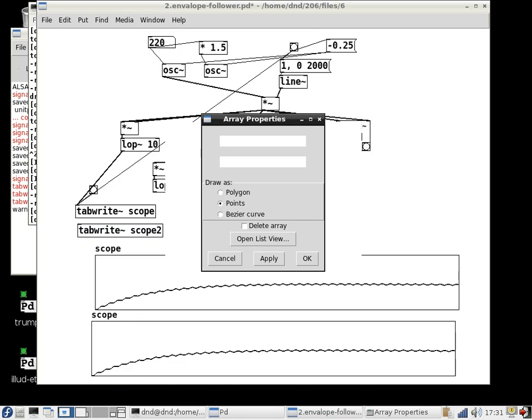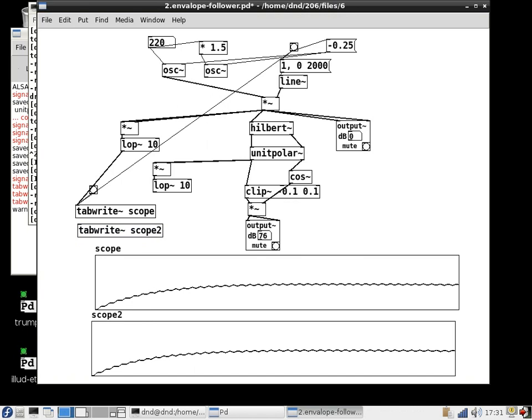And call this scope 2. Let's see what we got. I've got to give it a signal like this, right? And maybe I've forgotten something else, maybe not.